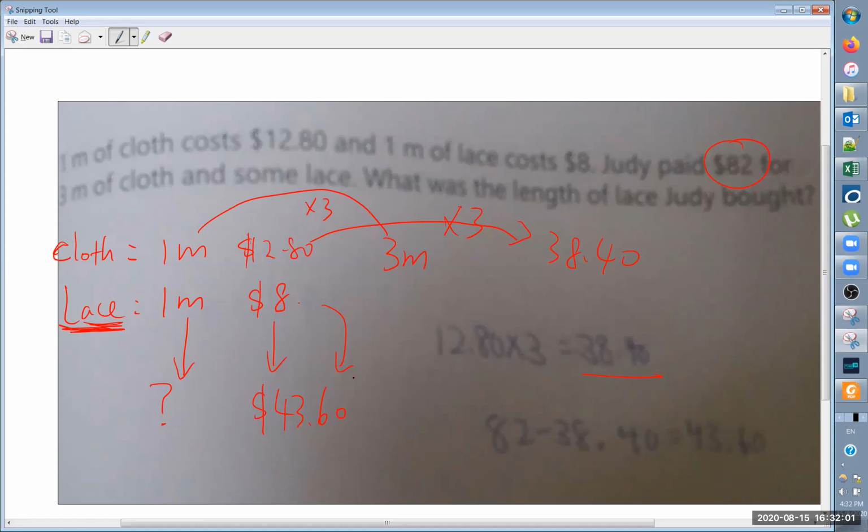Increase by how many times? Once again, increase by 7 times. What's the operation? Exactly. So decrease by 7 times.